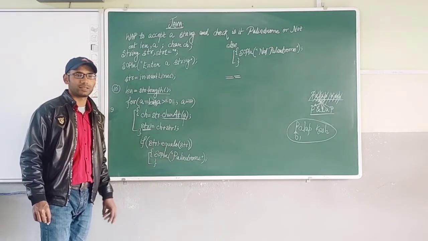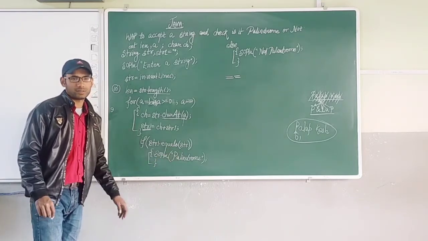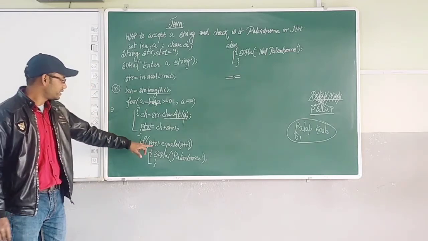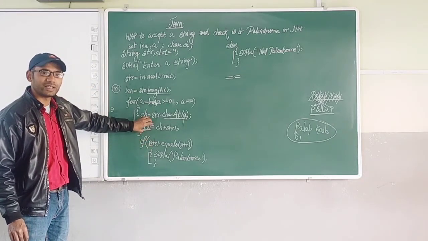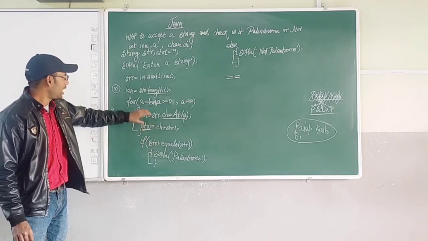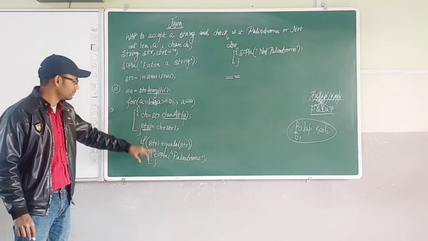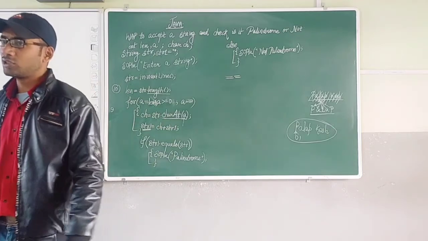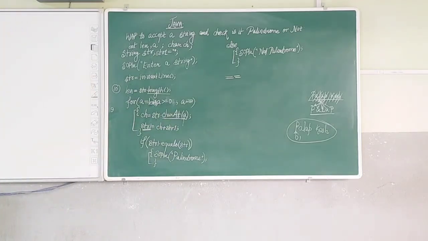Dot equals is again a function. If str1, meaning after joining everything, the reversed thing and the original thing are the same. Understood? Everybody understood?